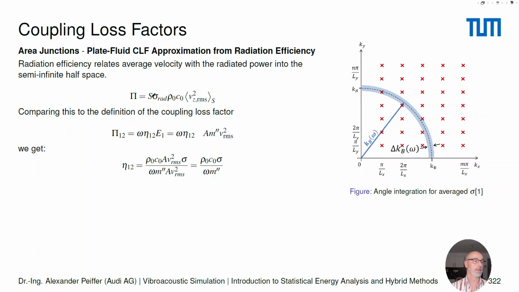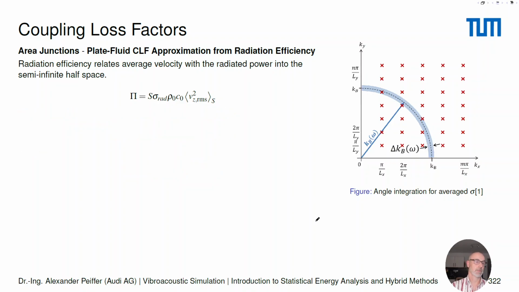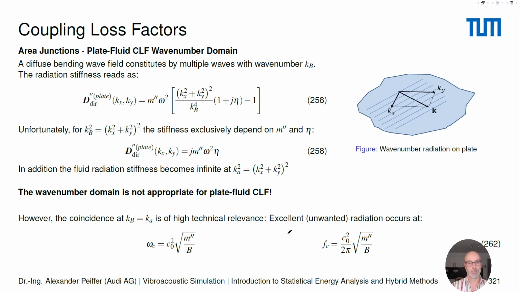And if we combine it with the upper expression here, we get quite a practical and simple formula to get the coupling loss factor of a plate, just given by the radiation stiffness. So this is our way out of this wave number dilemma.